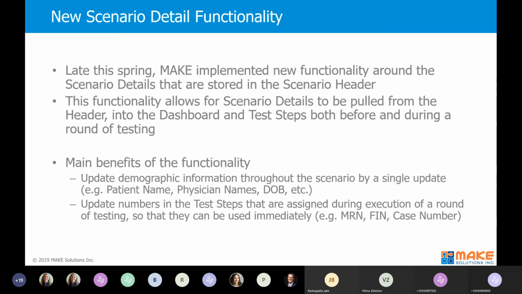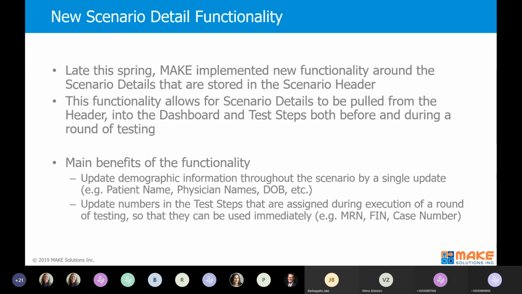What that new functionality does, it allows information entered into the scenario details to be pulled into the test script automatically. And it can do that before testing, during testing, or after testing, meaning that if you update something in the header during a round of testing, it immediately populates the test script.